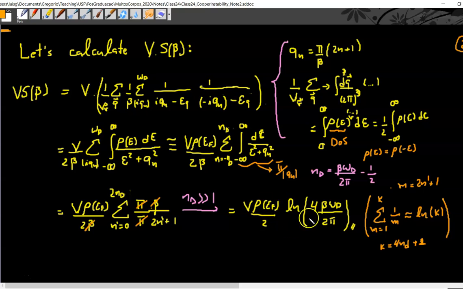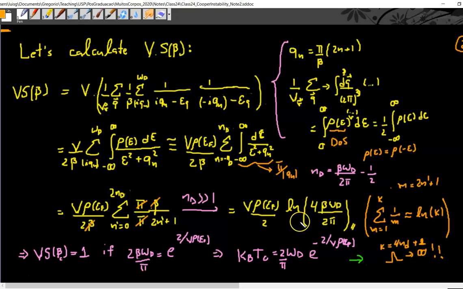And notice that this can be equal to 1. How? If this equals the exponential of 2 over V rho F, then VSB equals 1.